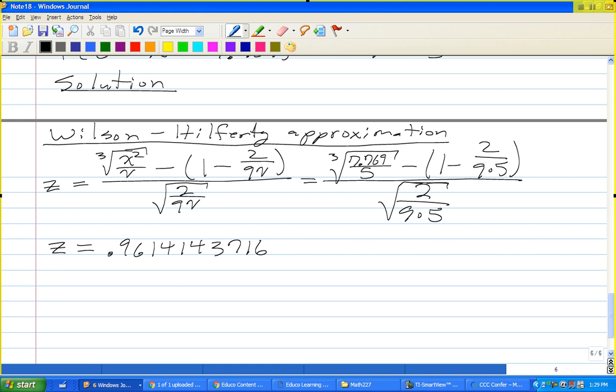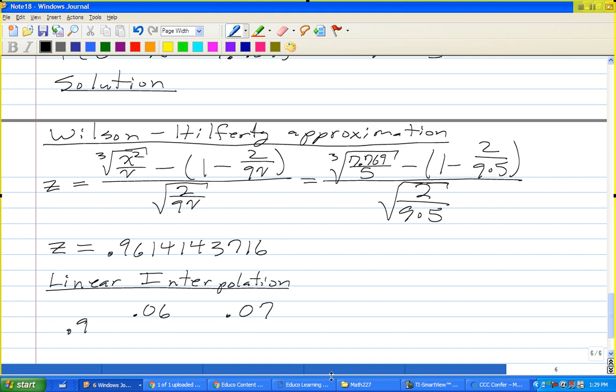Okay, so I'll use linear interpolation. This should be between 0.96 and 0.97.